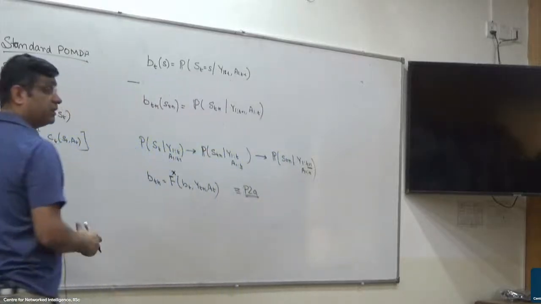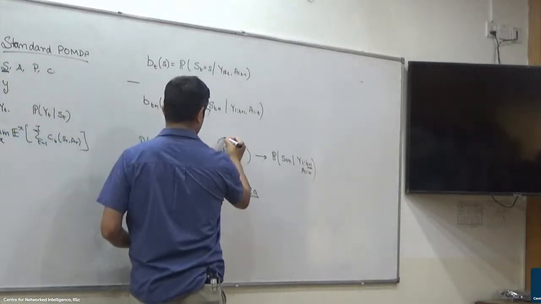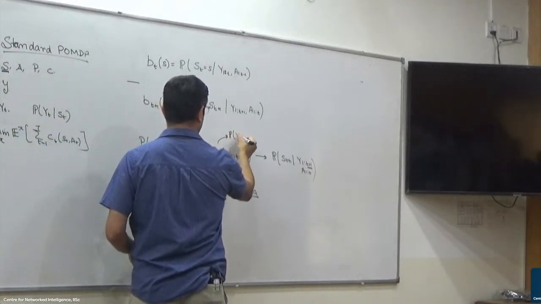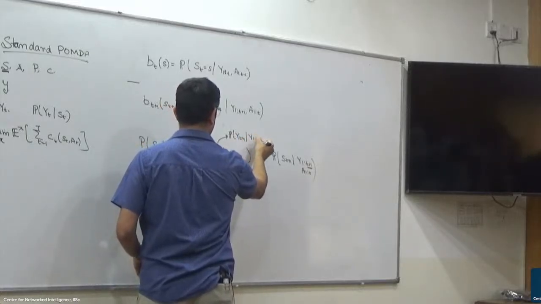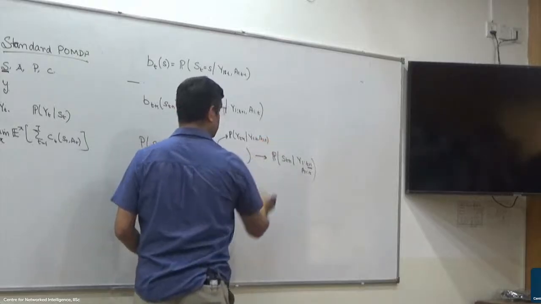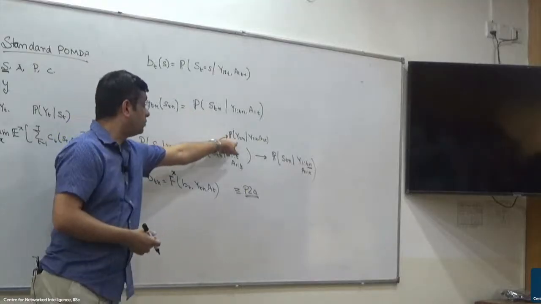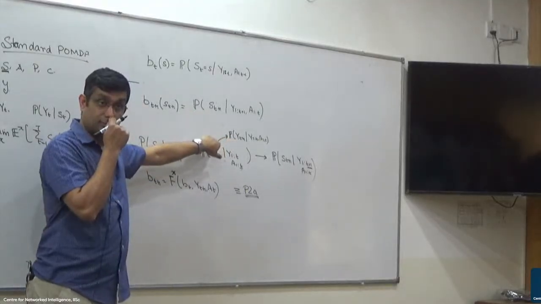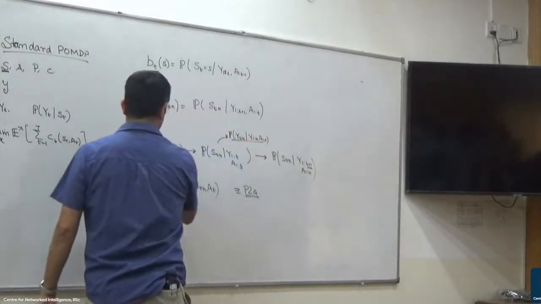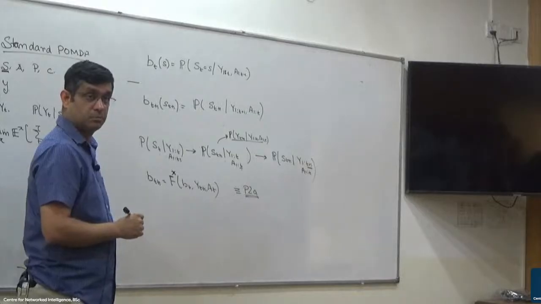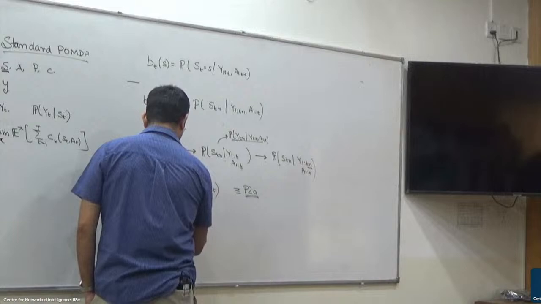I can now show that from this object, I can get probability of y t plus 1 conditioned on y 1 to t, a 1 to t, right? Because I know what is the observation as a function of the state, which means that I can get this object from my belief. So, that means that I also satisfy P2B.